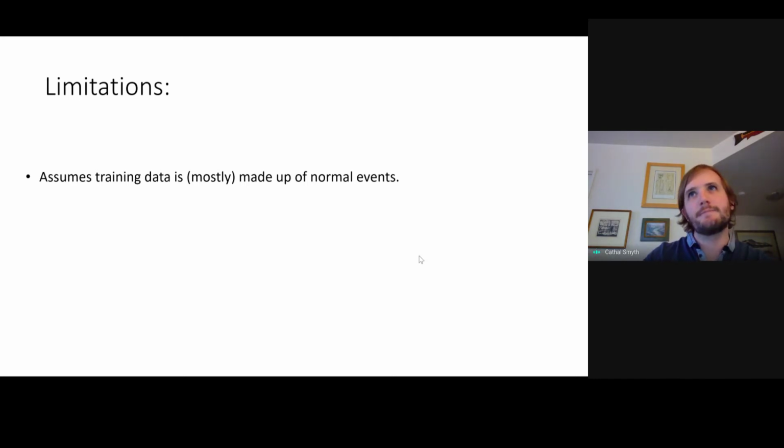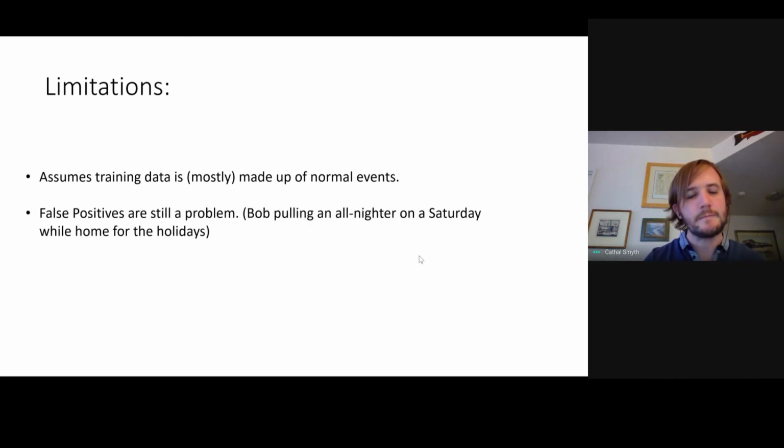What that number is, hard to say. Certainly if it's above, I would say 10%, you're really pushing it. I would probably hope that it would be below 1% of all possible events would be abnormal. So you want to assume that your training data is going to be normal, because that is what you're going to end up skewing and modifying and making abnormal, right?